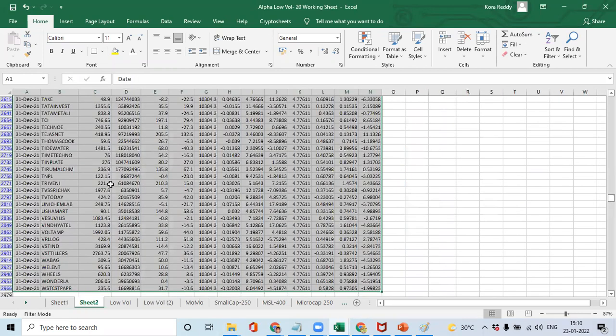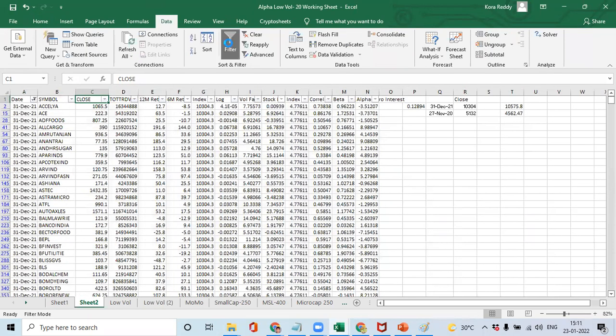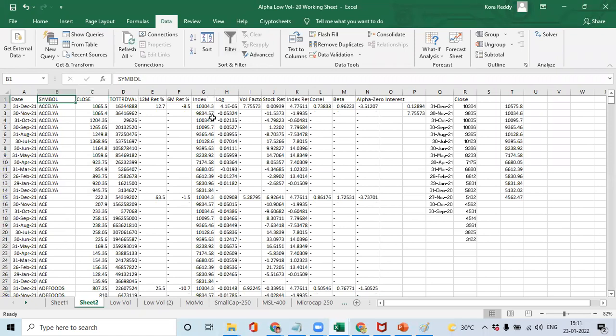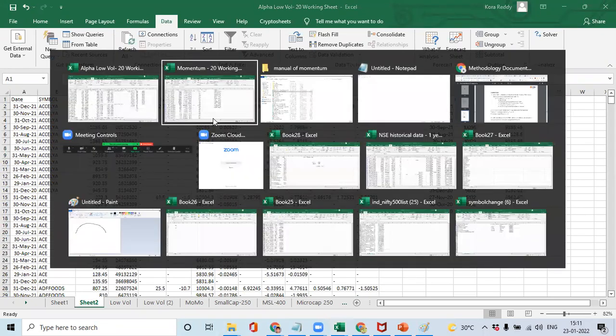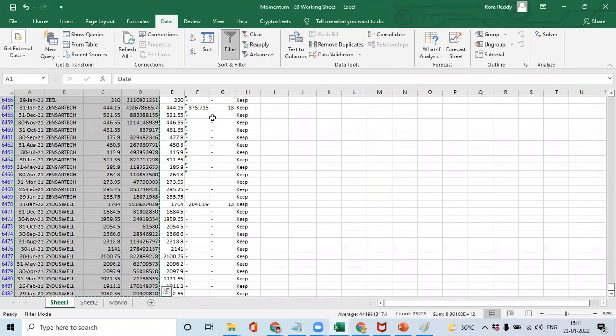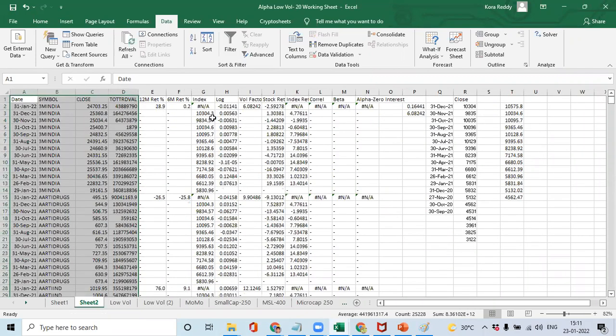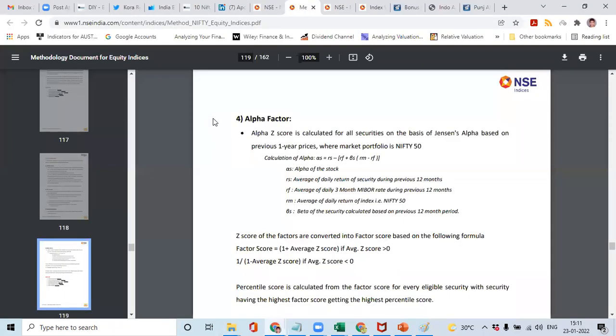Sheet 2 is where the small calculation is done step by step. So we will paste our data here. Now I want Nifty 500 to calculate market returns. So how do I get that?